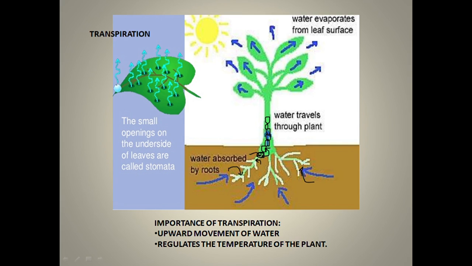Now from this cell, as there is a difference in water concentration in the next cell, the water will move to the next one. From here to this cell, from here to this cell. Like that, a continuous column of water is maintained and water will move like this.